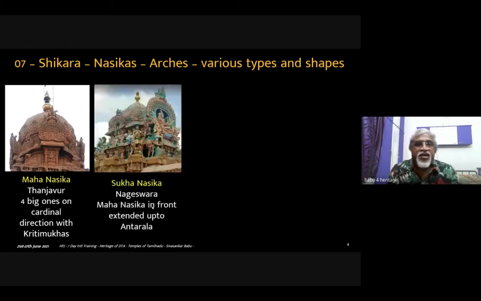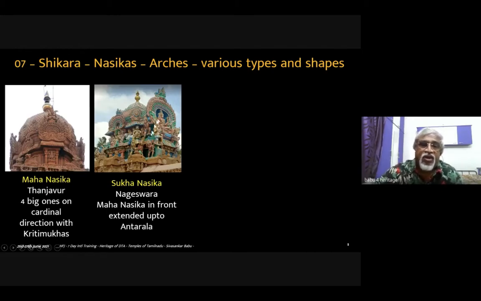The next variation is from a later period, when the Chalukyas and others extended the primary direction nasika. That is the Mahanasika, which is available on the front side. Suppose the deity is facing east, on the front of the temple, the east side nasika is extended and then made bigger.